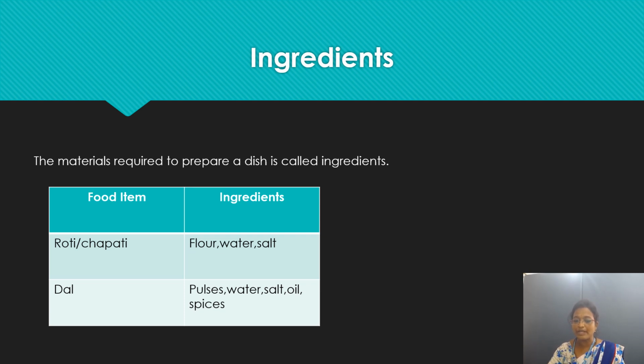Is that clear? So ingredients means the materials. These are the materials and these are the dish. The materials required to prepare a dish is called ingredients. Got it?